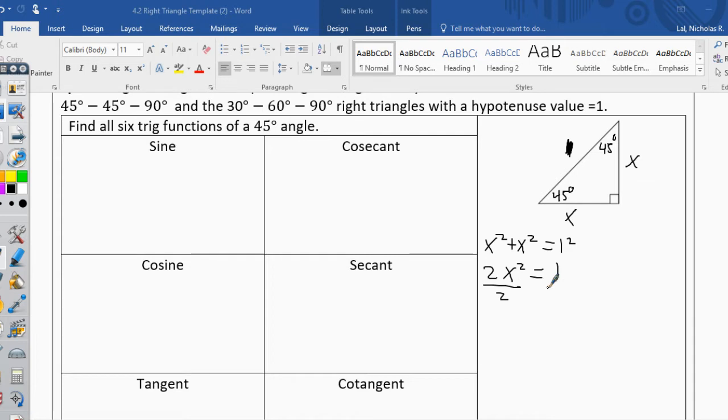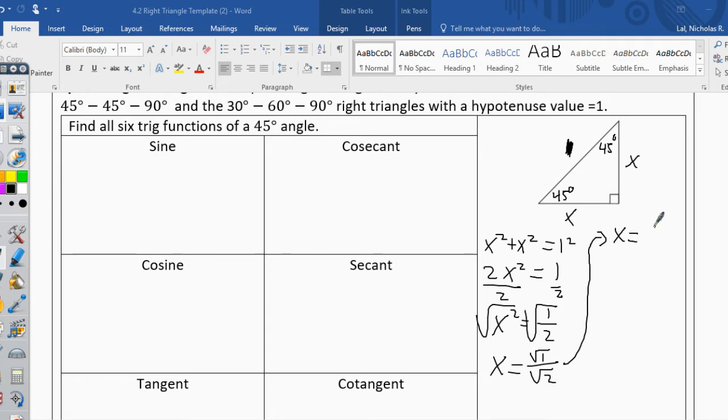Divide each side by 2. X squared is equal to 1/2. Root both sides. X is equal to square root of 1 over square root of 2, so x is equal to 1 over the square root of 2.